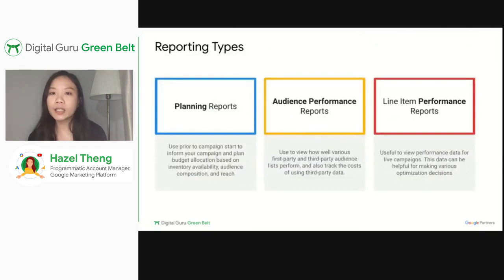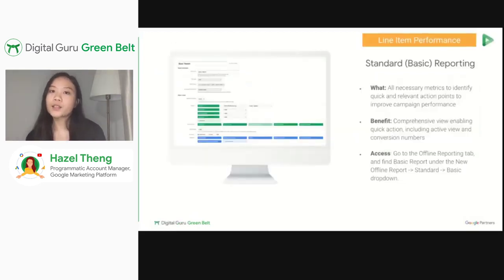Last but not least, we have the campaign performance report. The campaign performance report can be used not just as a measure of success, but it also helps from an optimization standpoint on the platform. First up, you have the standard basic report, which has the necessary metrics to identify quick and relevant action points you can use to improve campaign performance.